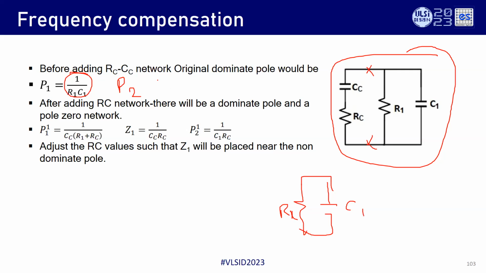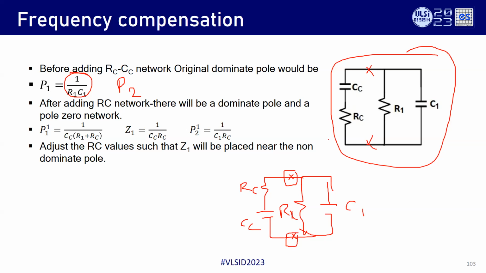So now how do we improve the phase margin? What we do is stick an RC network here. Basically, our idea is to add something which will decrease the high frequency resistance.